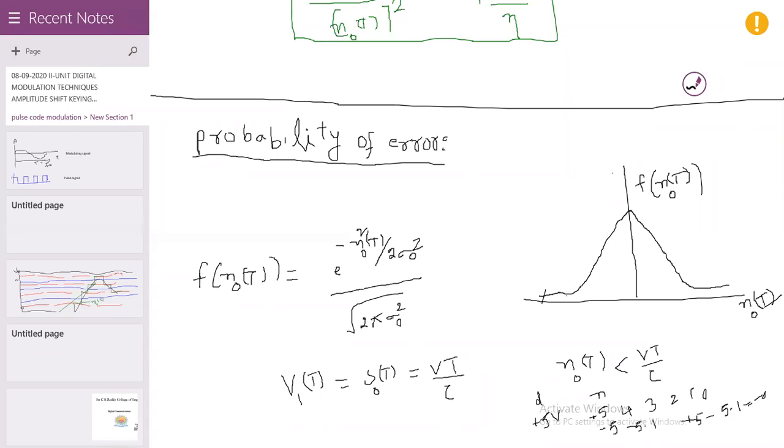Minus 0.1. If the output is negative, obviously there is an error. So that's why we indicate that here the noise exceeds VT by tau.